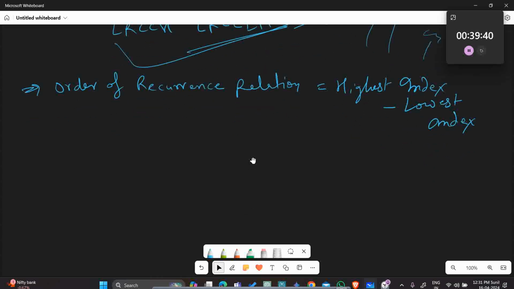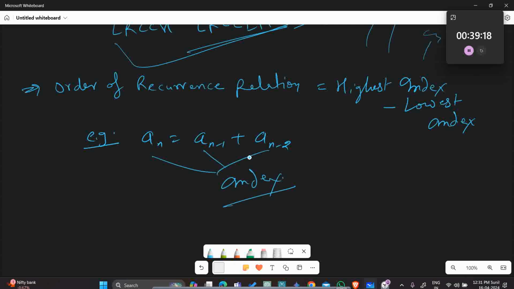So, for example, a of n is equal to a of n minus 1 plus a of n minus 2, right? Of indexes, right?